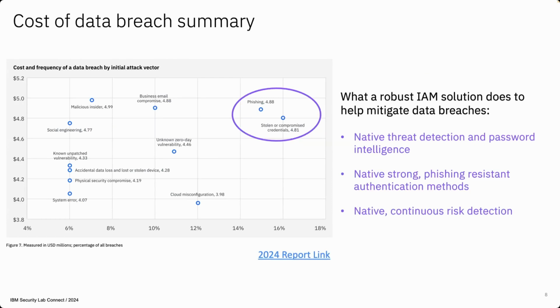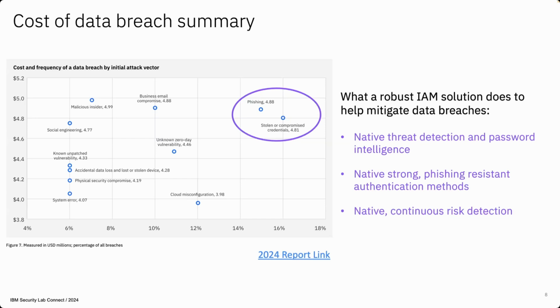If you look at this, the top two most frequent vectors of attack are 100% oriented to an IAM solution being able to mitigate, either by providing phishing-resistant technologies for authentication or by analyzing the use of stolen and compromised credentials, and doing that at scale, not just one-off at login, but with a robust engine that allows you to do that.